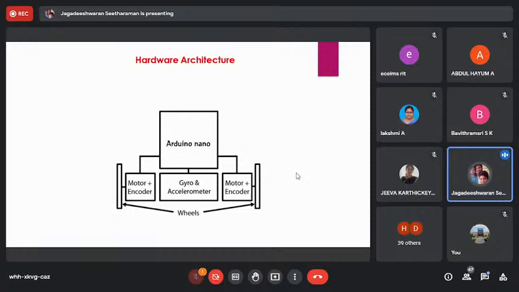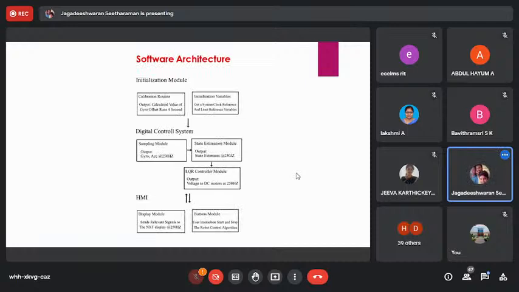Next, we are going to see the software description. The software architecture is divided into the digital control system, the human-machine interface, and the initialization module. A sampling module reads the sensory information at 250 Hz. The sampled data is used by a state estimator that produces the state estimate at the same rate.